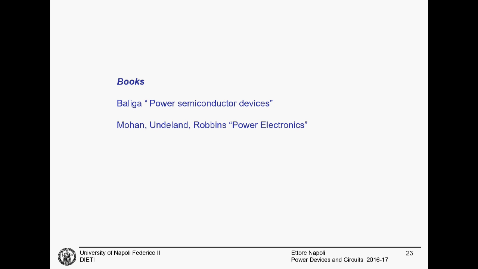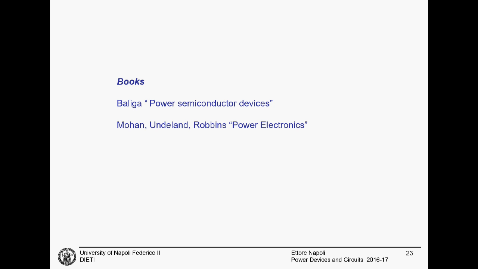And then Mohan, Undeland, Robbins, an important book entitled Power Electronics, and it presents the power electronic circuits. They are very important books, very well written. What they miss is what we do in these lectures.